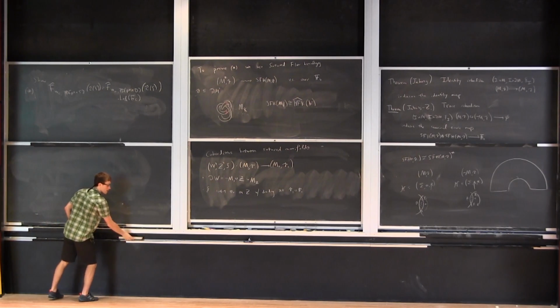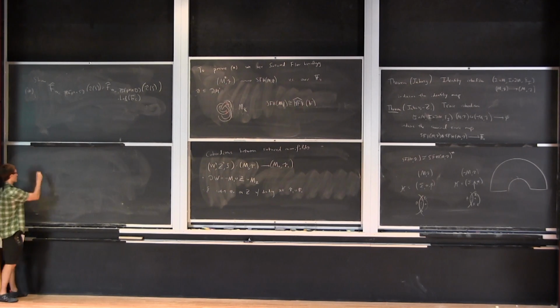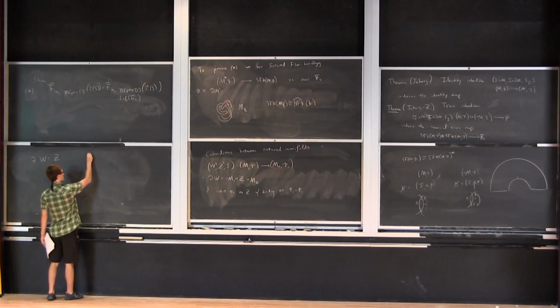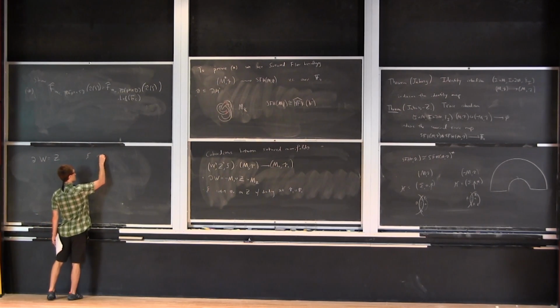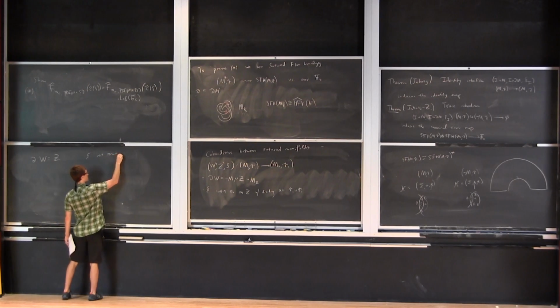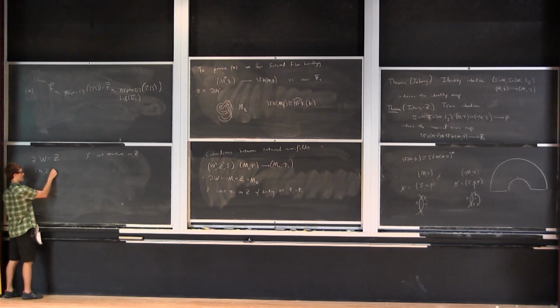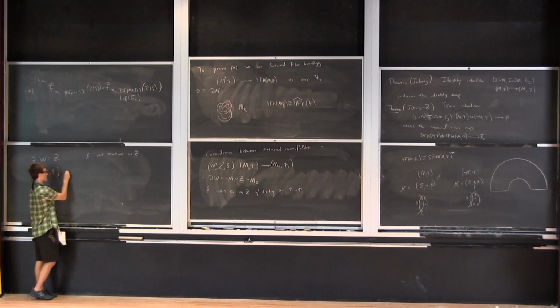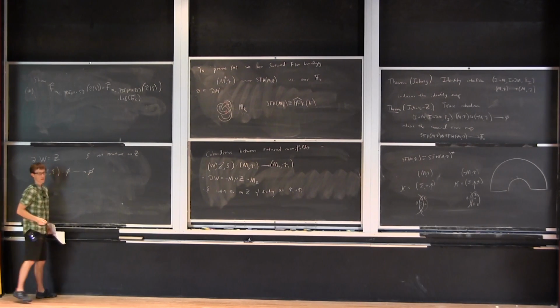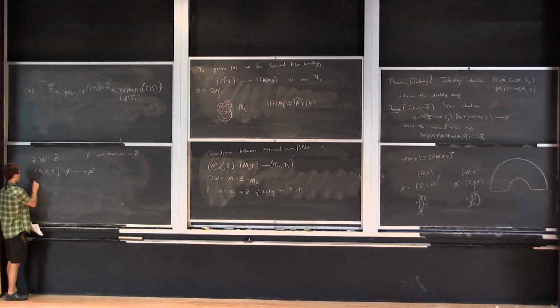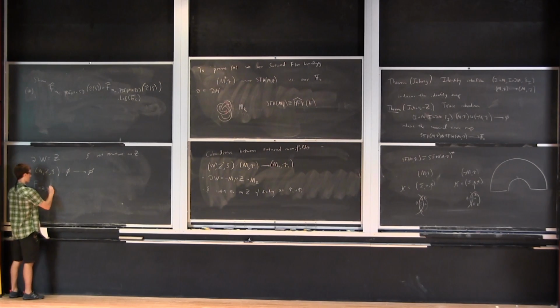If I take a three- or four-manifold W with boundary Z, and I have a contact structure C on the boundary Z, then W_Z,C is a cobordism from the empty set to the empty set, and the sutured cobordism map F_{W_Z,C} evaluated on 1.